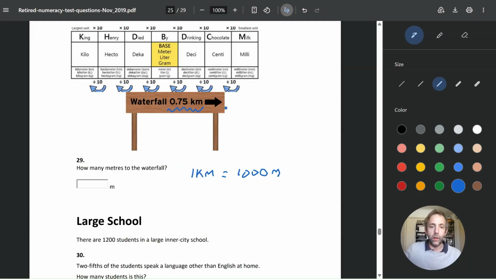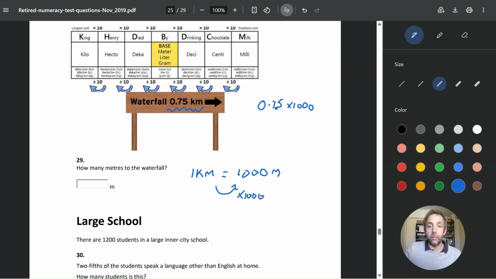So if we want to go from kilometers to meters, we need to times 1,000. So 0.75 times 1,000 will give us our answer. And again, break this down. 0.75 times 1 would be 0.75. 0.75 times 10 would be 7.5. 0.75 times 100 is 75.